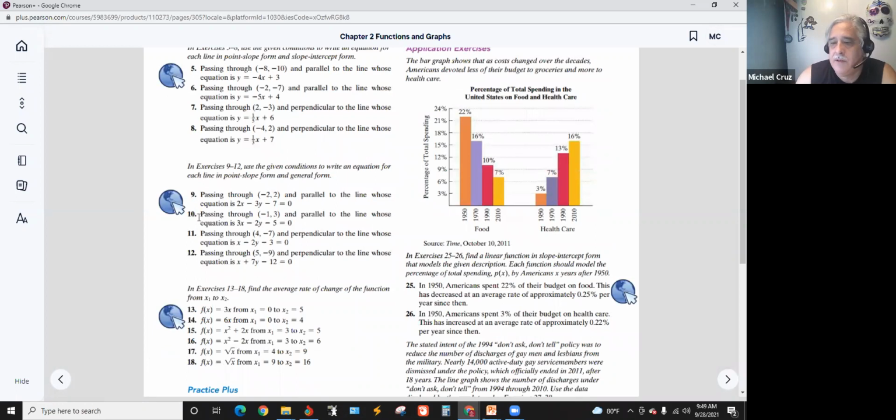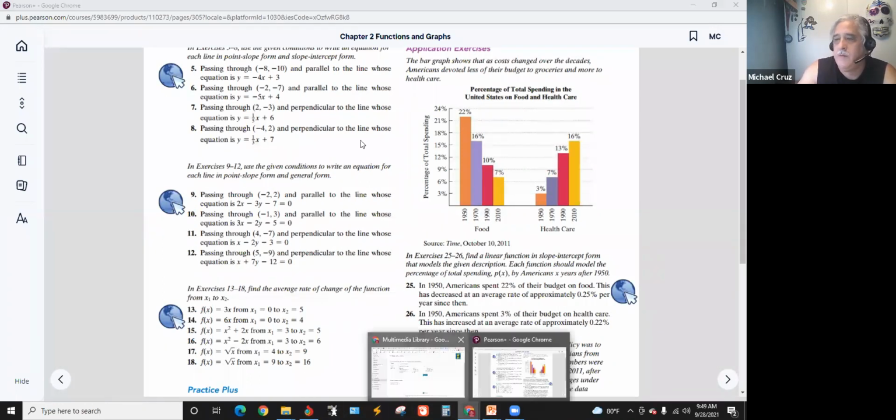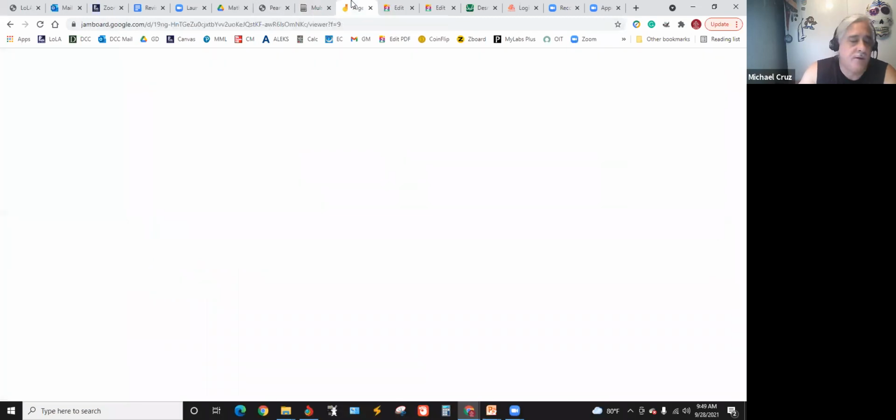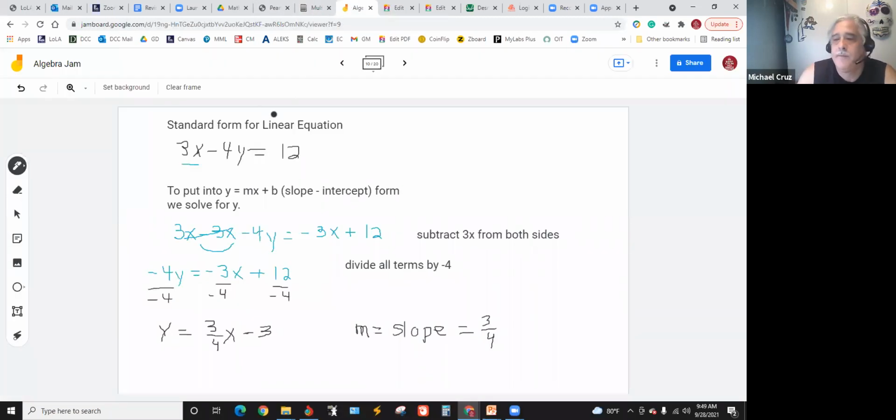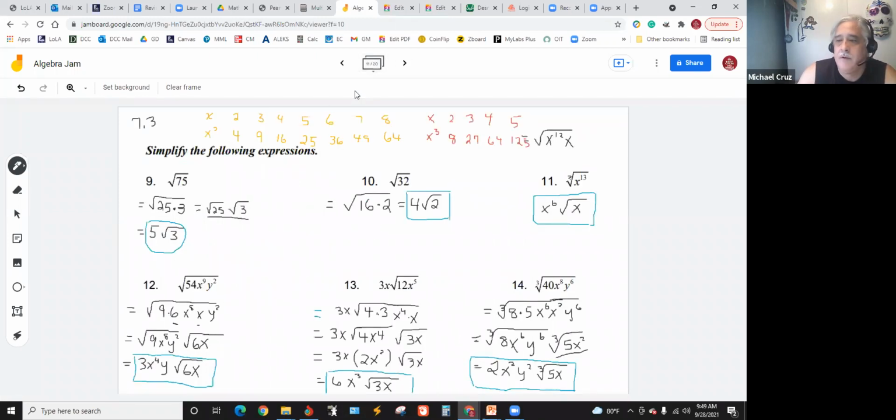All right, so let's look at number 10 and 12. Let's go over to this little board. So this is actually from that other Math 097. All right, so what was I going to work?